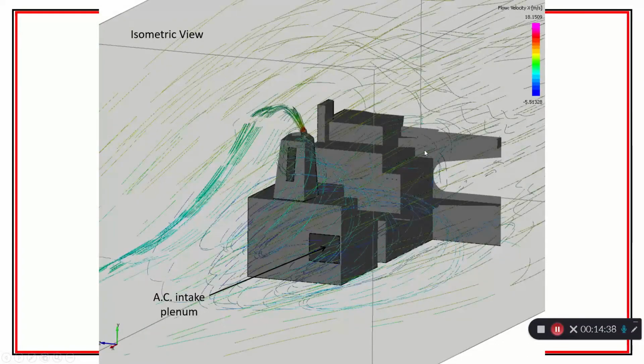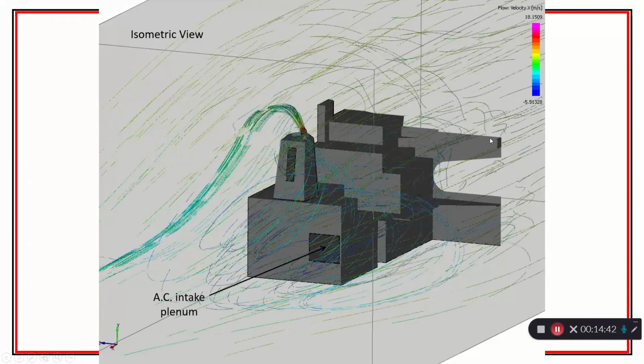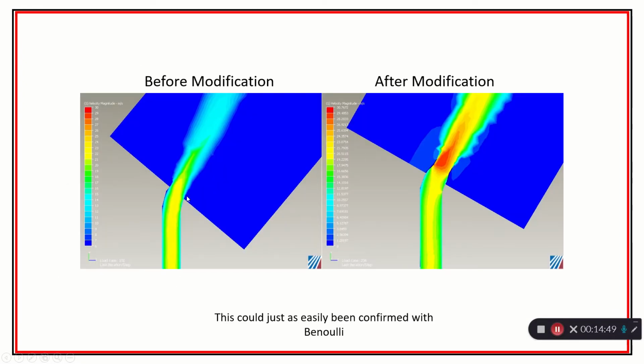So we had a bunch of different solutions proposed. Some of them were to put little foil shapes onto the bridge, but we decided the best way to go about this was to put a nozzle that can be adjusted onto the exhaust.